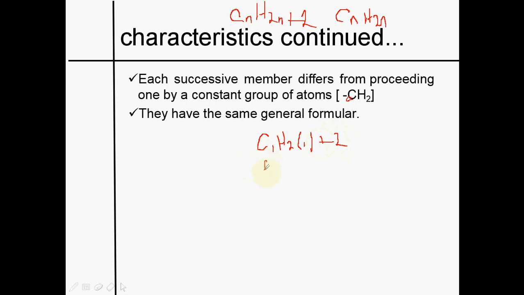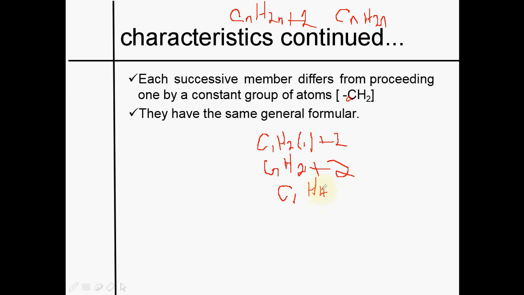So I have C1, H 2 times 1 is 2, plus 2, so we have 4.